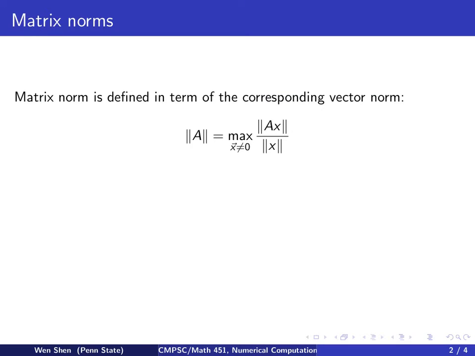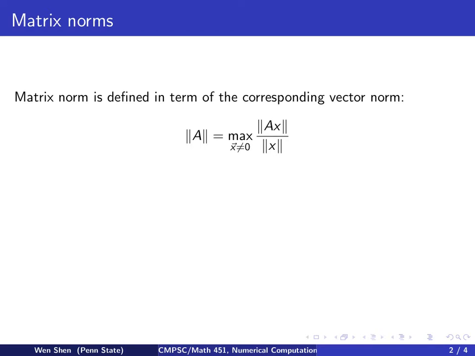We now define norms for matrices. As we said earlier, matrix norm is defined in terms of the corresponding vector norm. For a different vector norm, you will get a different matrix norm. So let A be a square matrix, and X denote a vector.